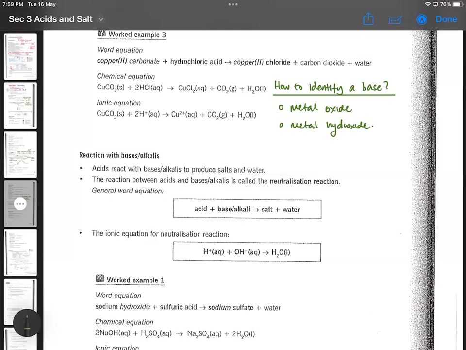Then what exactly is an alkali? The alkali is linked more to the hydroxide.